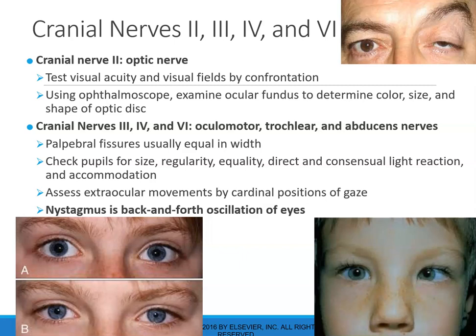Strabismus, which is limited movement or crossed eyes, as you see in the lower right corner. Or nystagmus, which is involuntary eye movements.